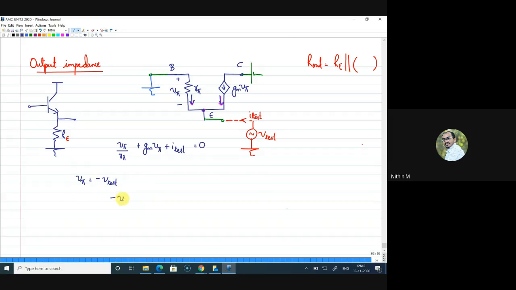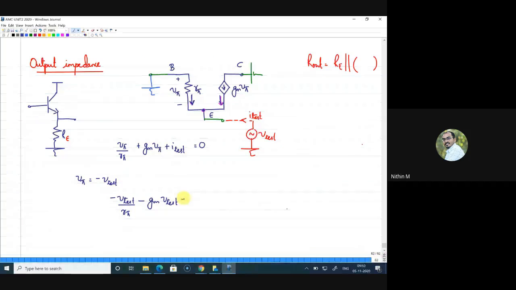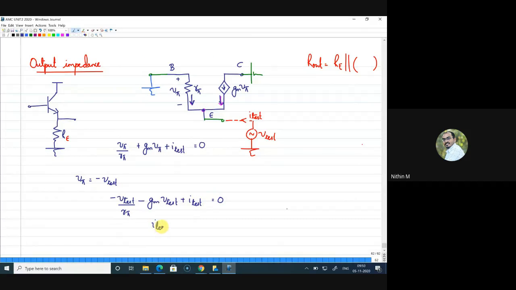That means I can write it as minus V test by R pi minus Gm into V test plus I test is equal to 0, or I can write I test as V test into Gm plus 1 by R pi, right.